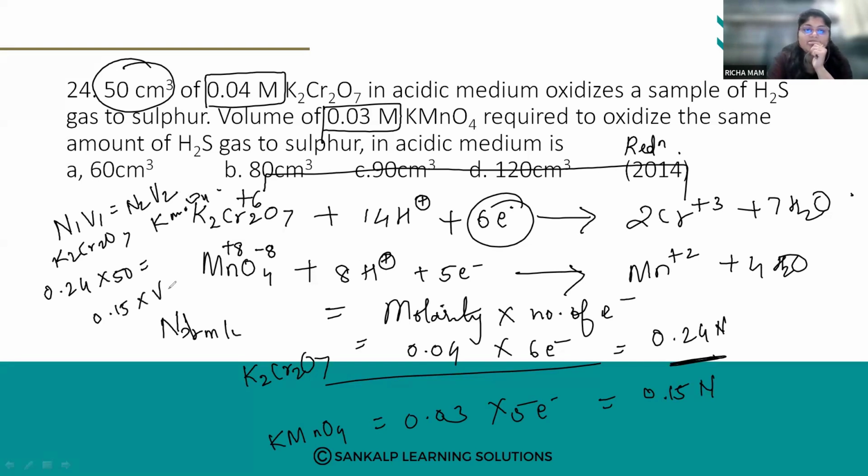We have to find the volume. So 0.24 into 50 divided by 0.15 is equal to V2. Find out the volume, students.